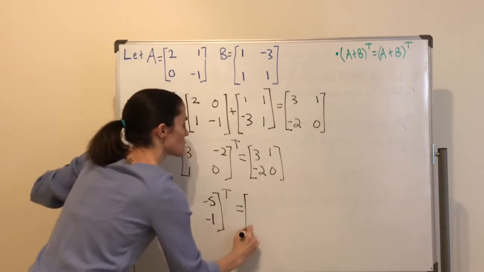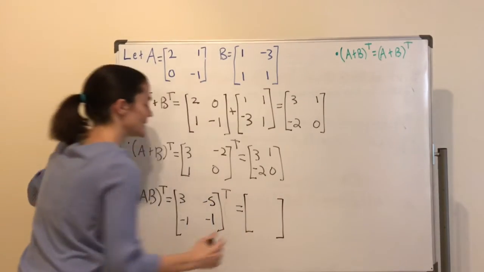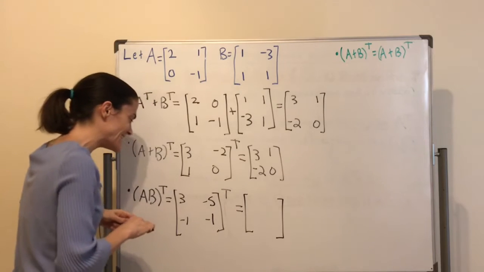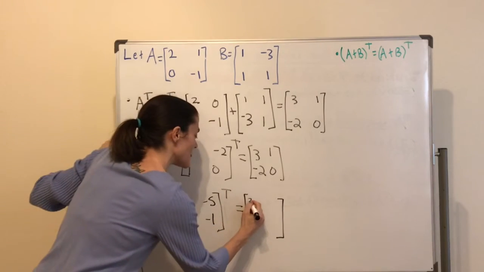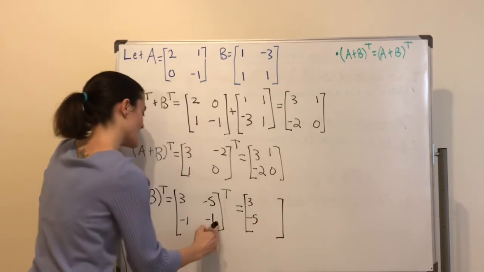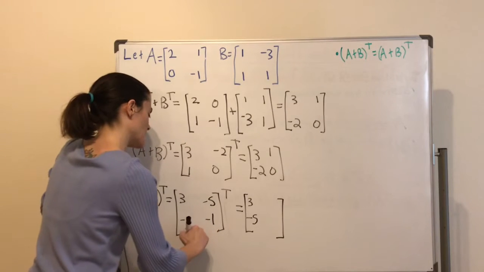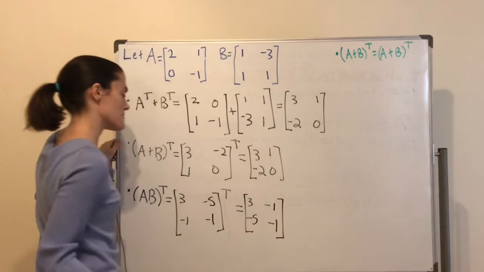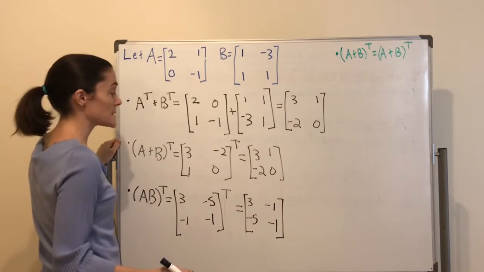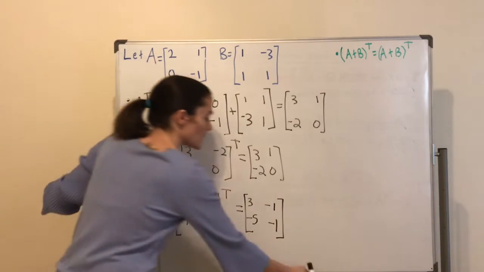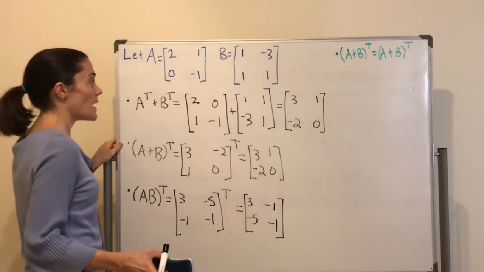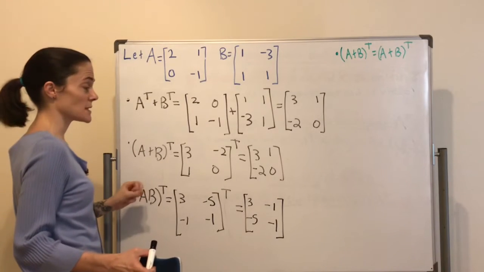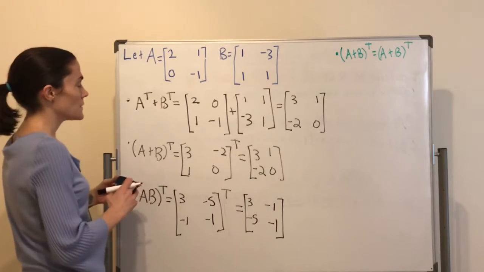That was matrix multiplication. The transpose is the new operation. So this row becomes this column, and then the second row becomes the second column. Now, what is this? Well, it is definitely not A transpose times B transpose.